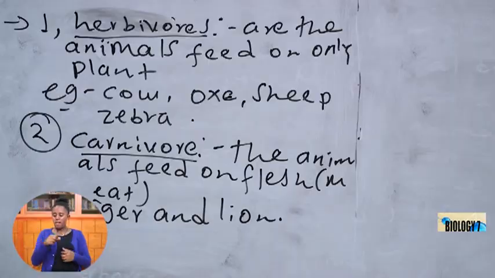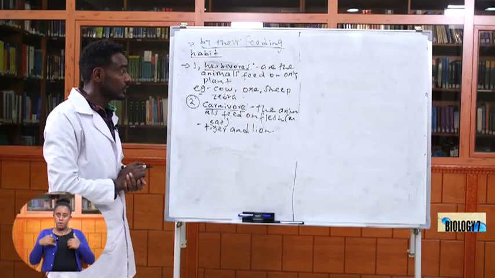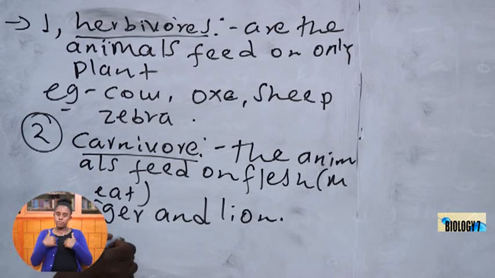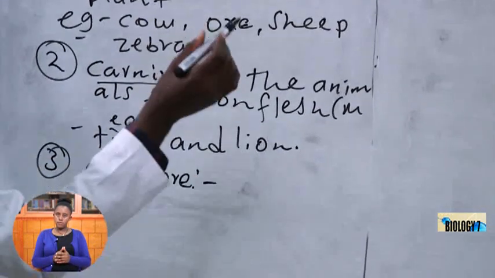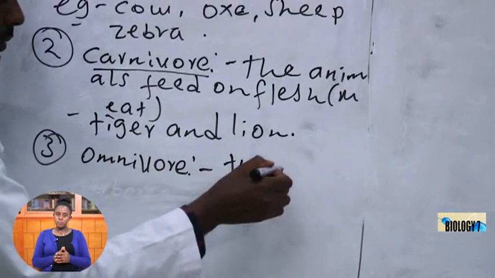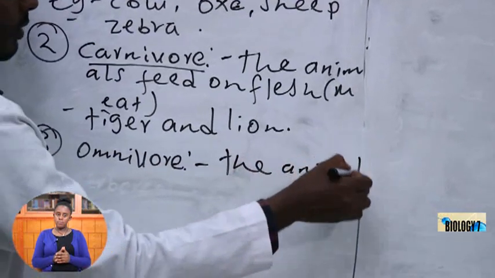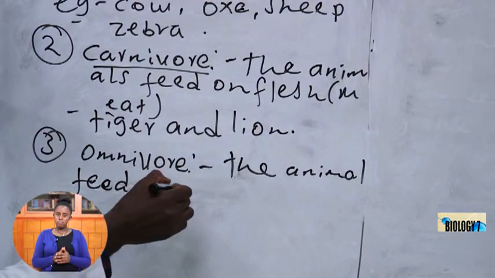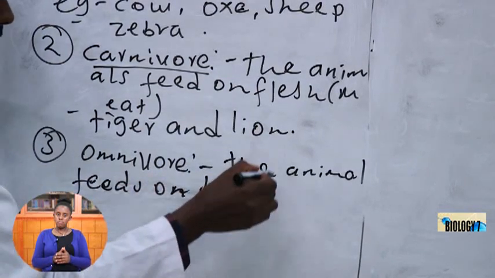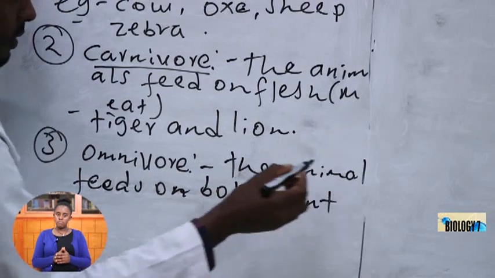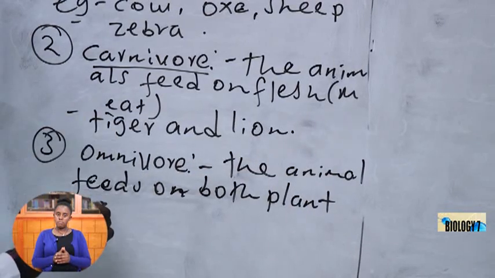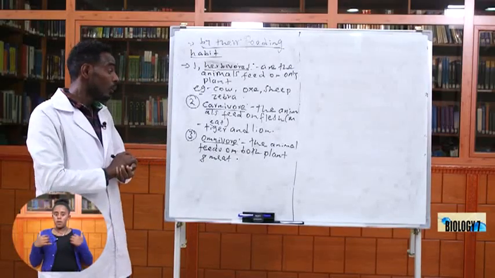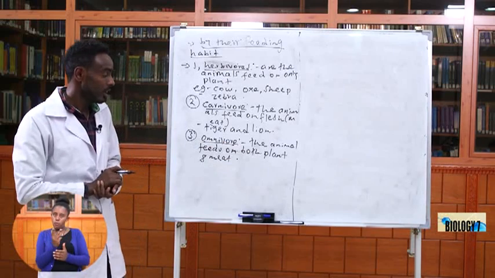Another group of animals is omnivores. Omnivores are the animals which feed on both plants and meat.